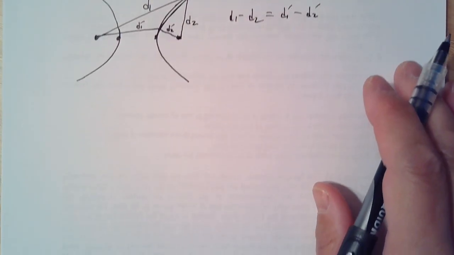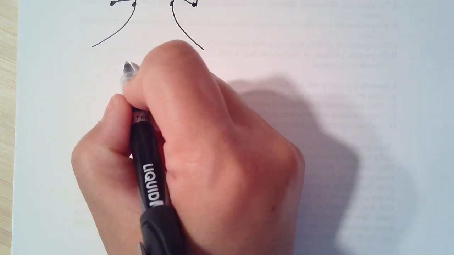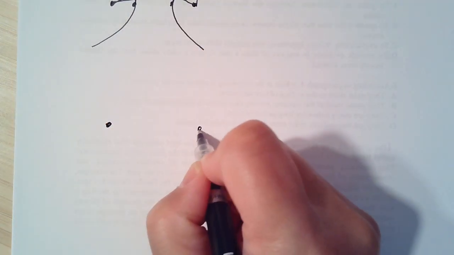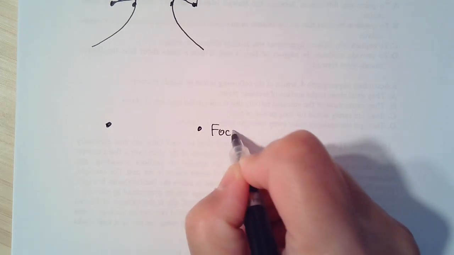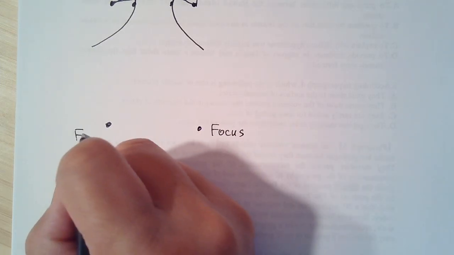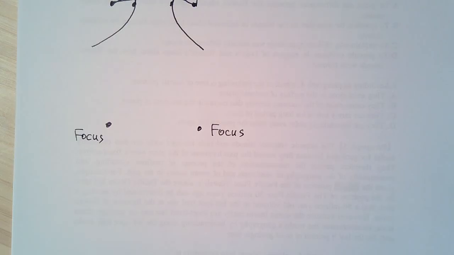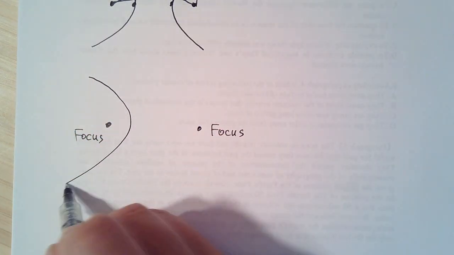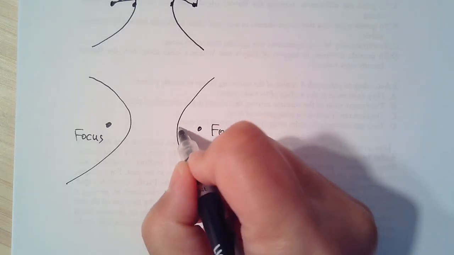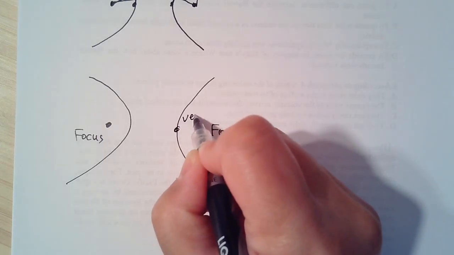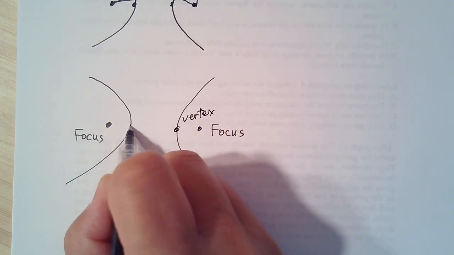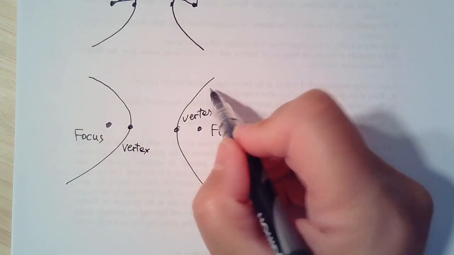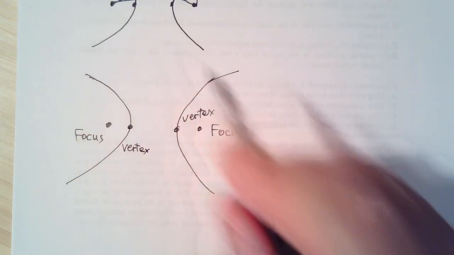All right, now for this hyperbola, we again have some names. That's called a focus. Two of them are called foci. And this is the vertex, and that's the vertex. There's something more I'm going to explain.